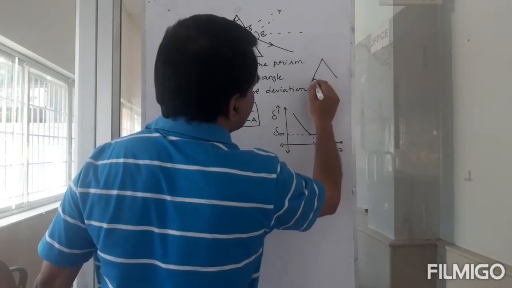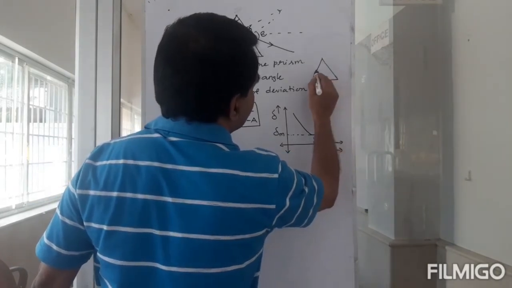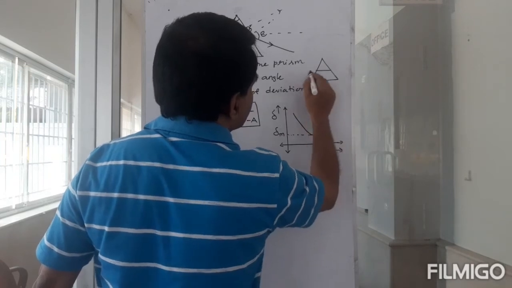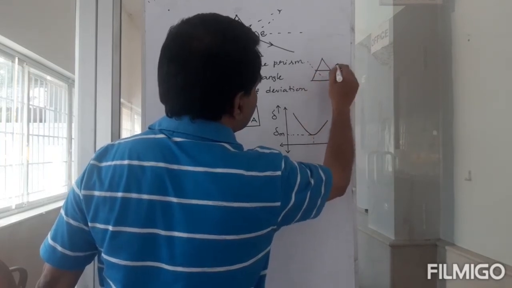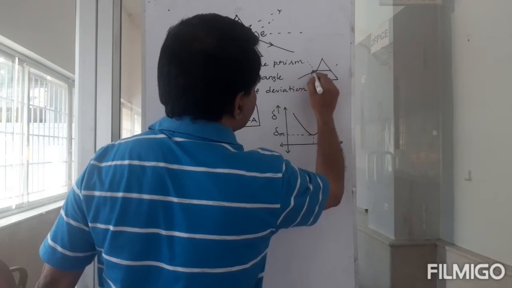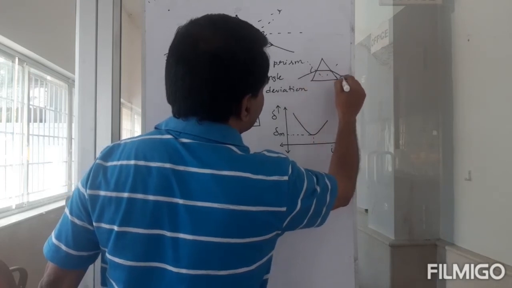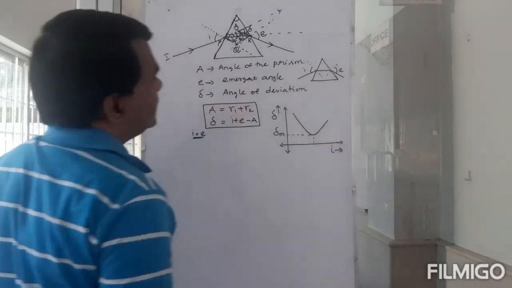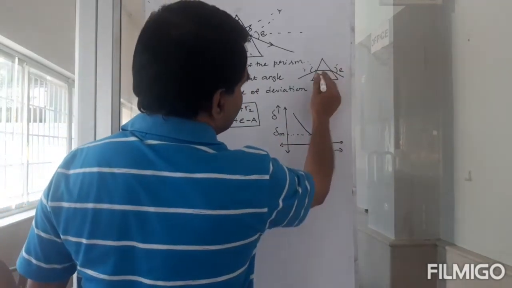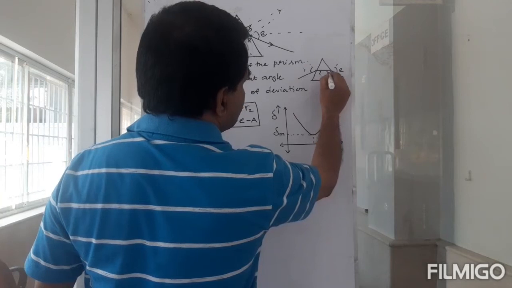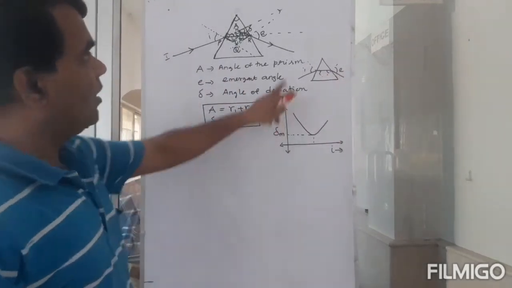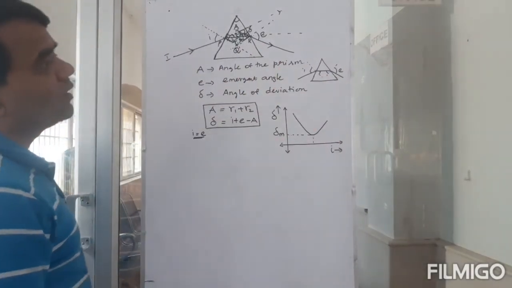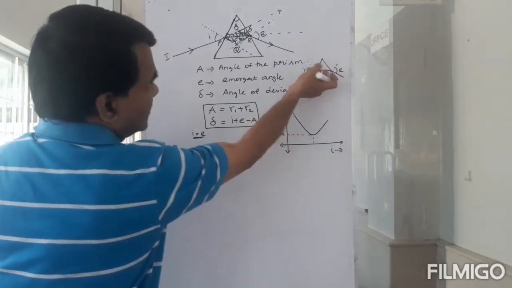If this is the prism, and the refracted ray is like this, then like that. If this is your I, then it will be E. Okay. So if this is like that, then this angle and this angle will be the same. R1 will be equal to R2. You can see it clearly.